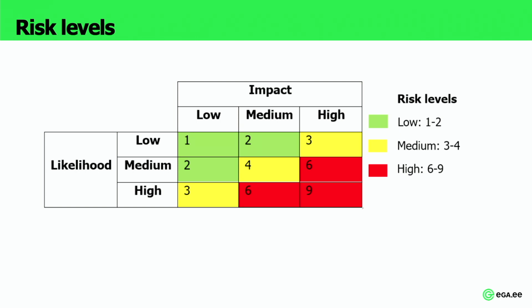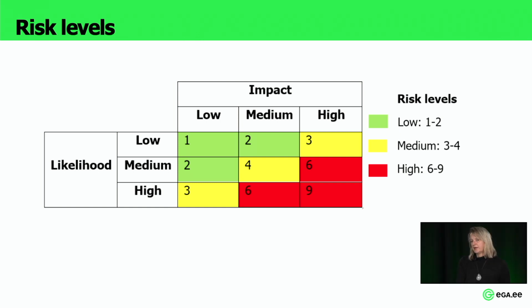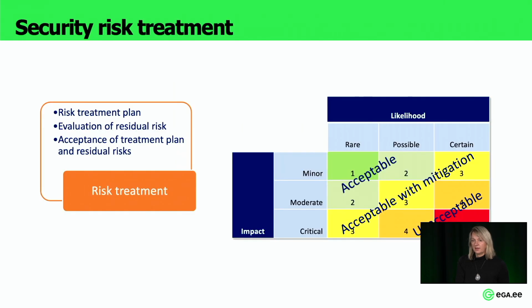As you see here, the risk level comes from multiplying the impact and likelihood. So if there is a medium impact and medium likelihood, you get the value 4, which is yellow, a medium level risk. If you get high impact and high likelihood, then of course this is the highest risk.